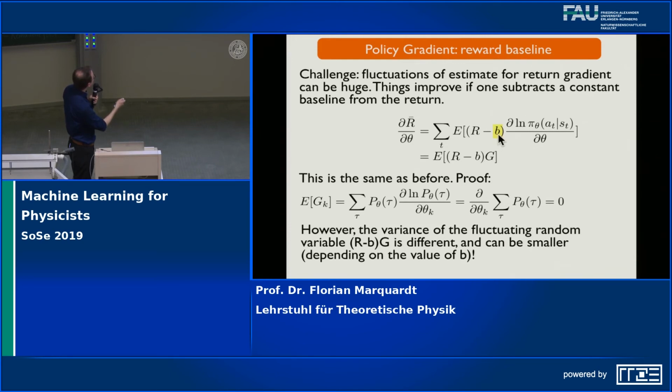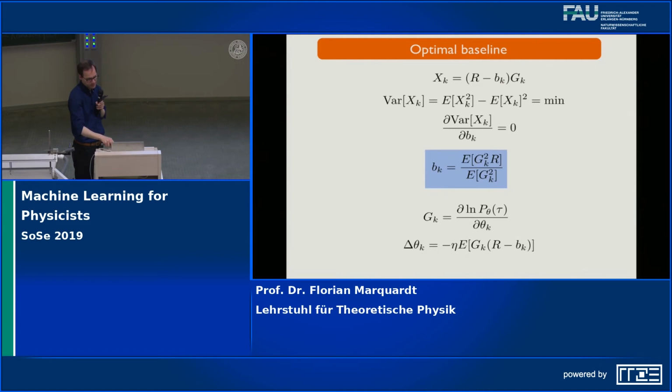It's something like the average return, which makes it such that even if you started out defining your return to be always positive, by subtracting this, you sometimes get positive and sometimes negative values. And that's better.